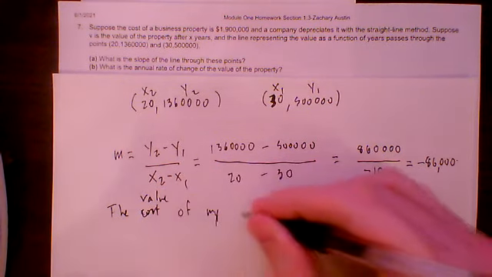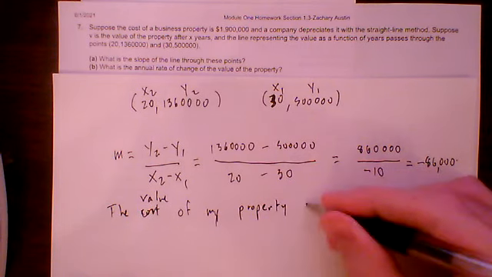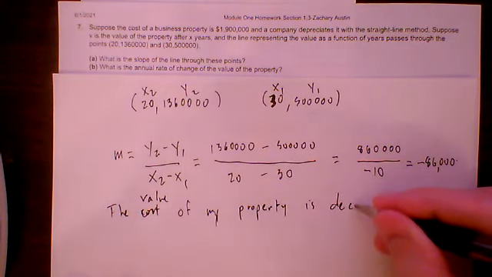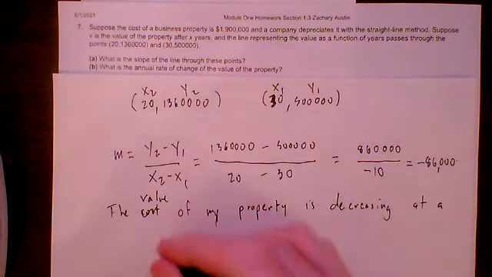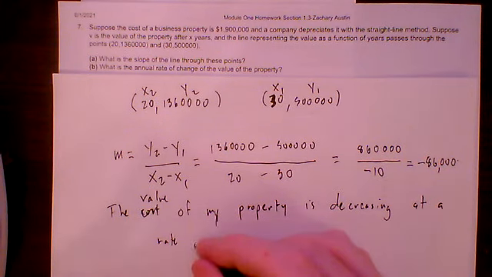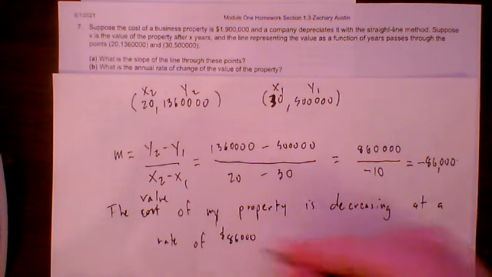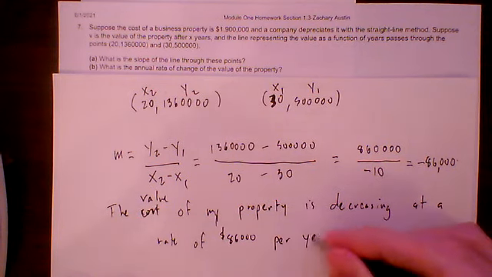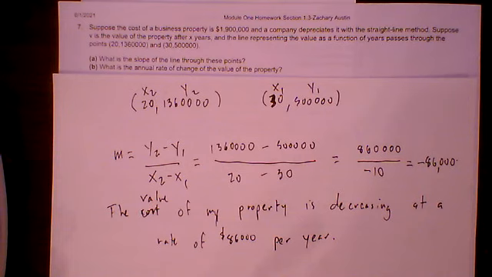The value of my property is decreasing at a rate of $86,000 per year. Okay. And do you think a business cares about how much their property values are decreasing over time like this? You bet they do. It's very, very important. So this is certainly something that's very applicable to the real world.